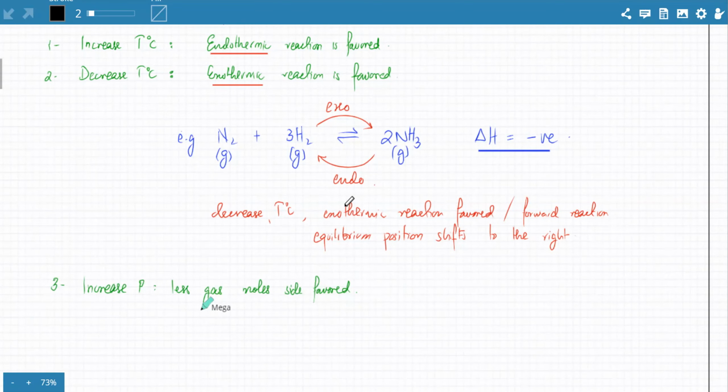And vice versa, rule number four is the opposite. If you decrease pressure, then the side with more gas moles is favored.